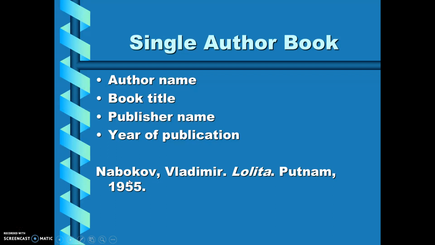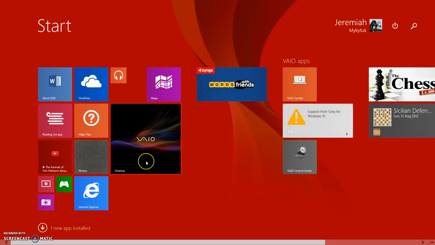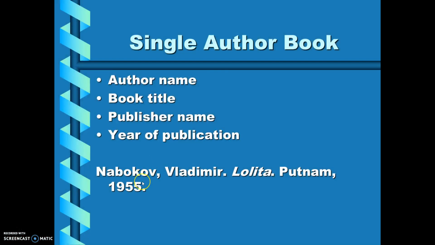So notice that with a book, we have the author name, Nabokov, Vladimir, and the novel title, Lolita. Then notice that title, because it's a whole book, is italicized. Then Putnam, the publisher, followed by a comma, and then the year of publication, in this case 1955.